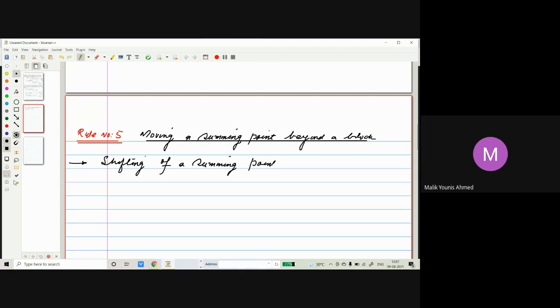Shifting of a summing point from a position before a block to a position after the block, as shown in the figure.